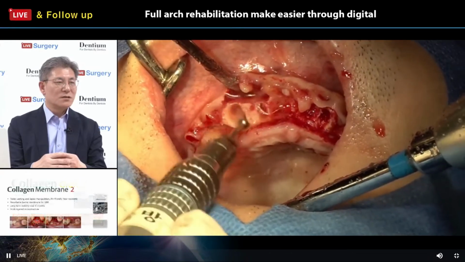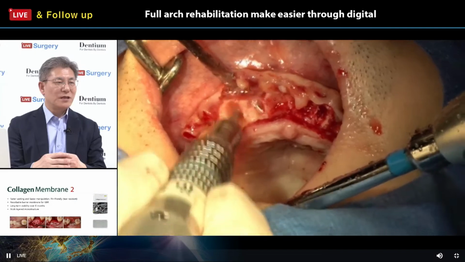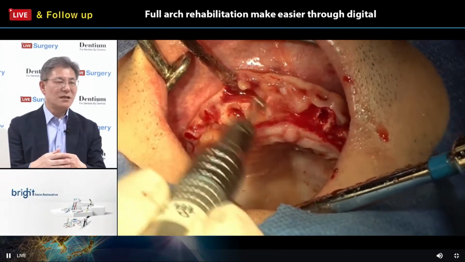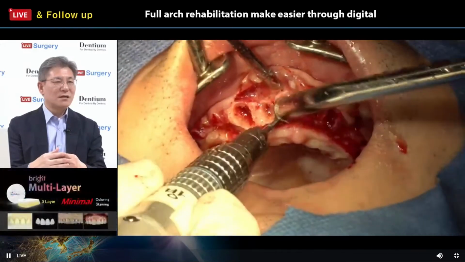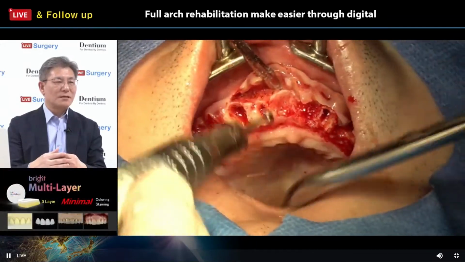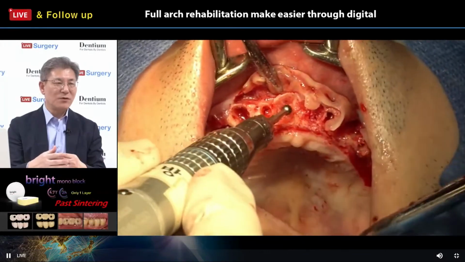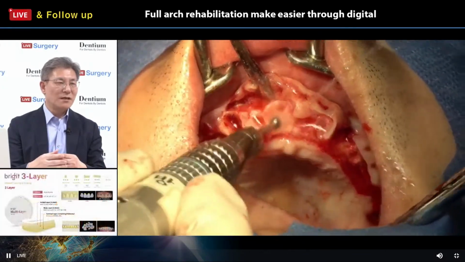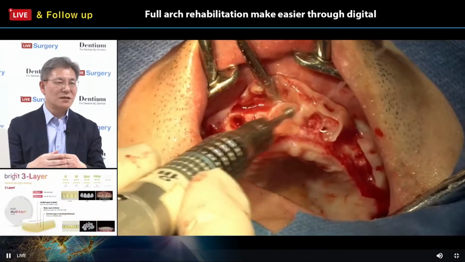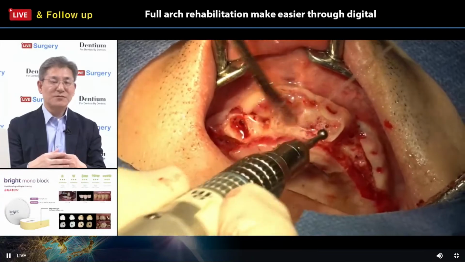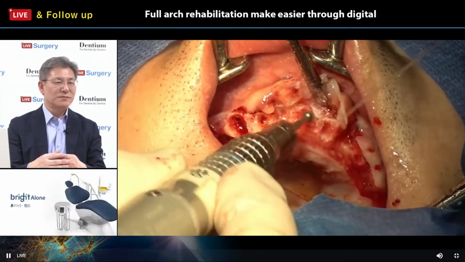So we already got this kind of information from the CT scan, the intraoral scan and the Rainbow 3D view. Through the Rainbow 3D view program, we can get this information ready, the hard tissue information and soft tissue information.